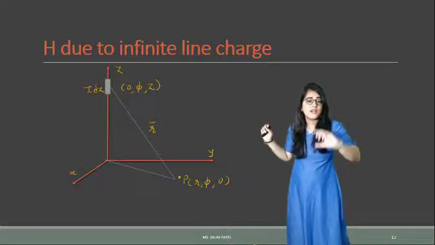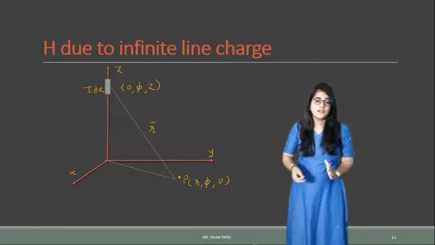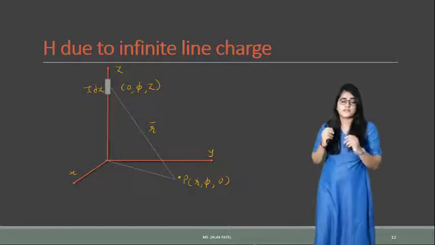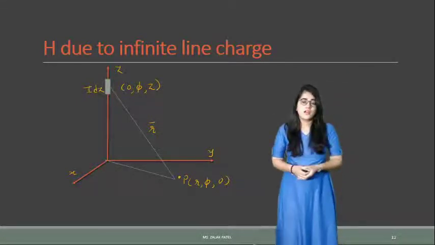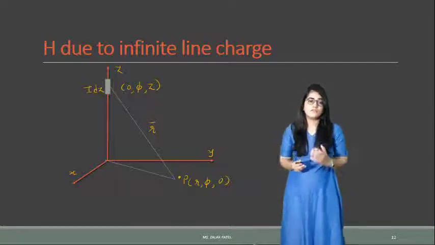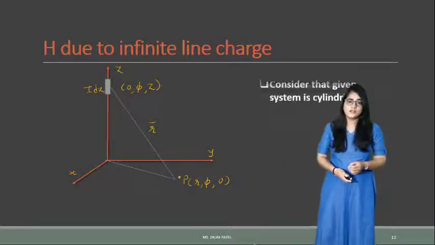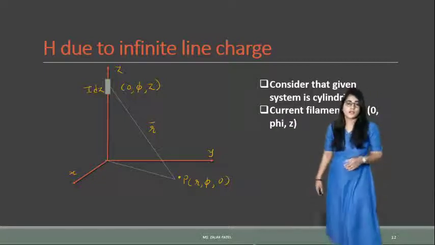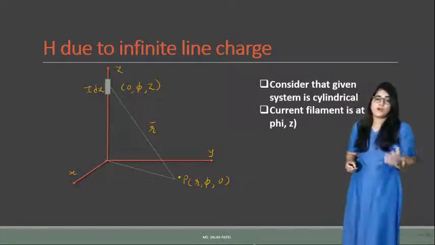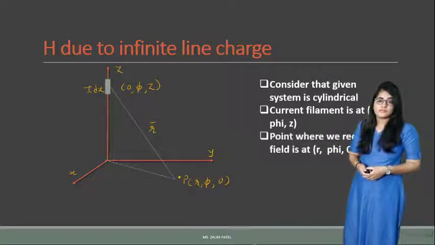Because it is an infinite line, we consider that line to be on the z-axis itself, and the z-axis carries a current filament I dz at 0, phi, z. So for the given system, the current filament is located at 0, phi, z and point P is located at r, phi, 0.